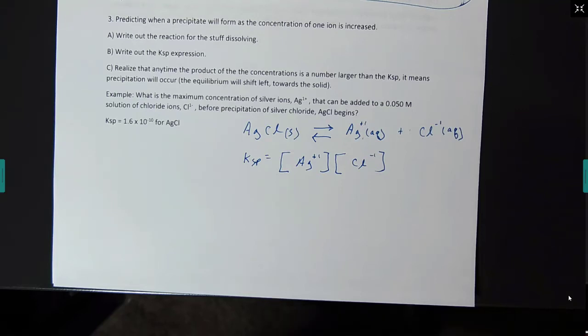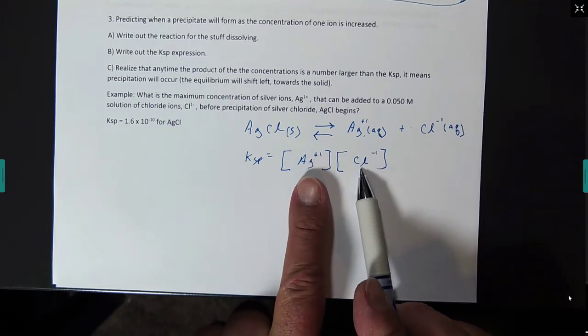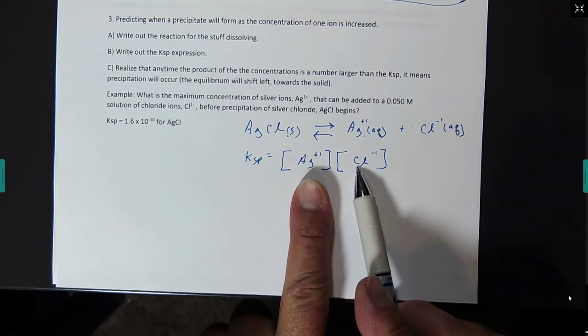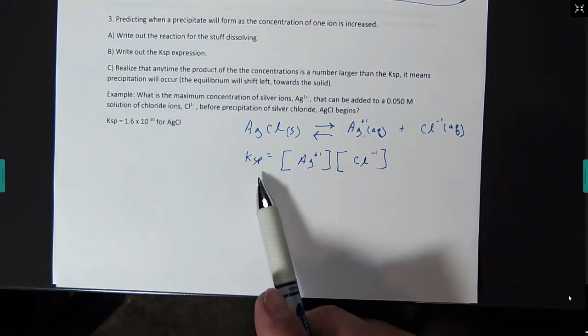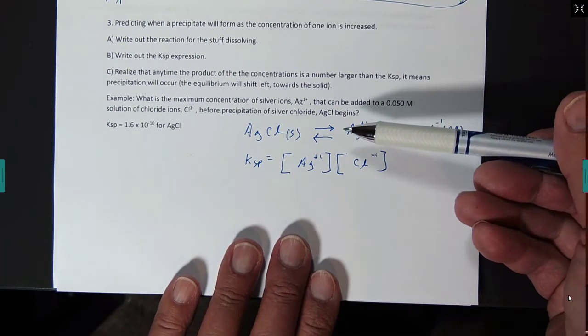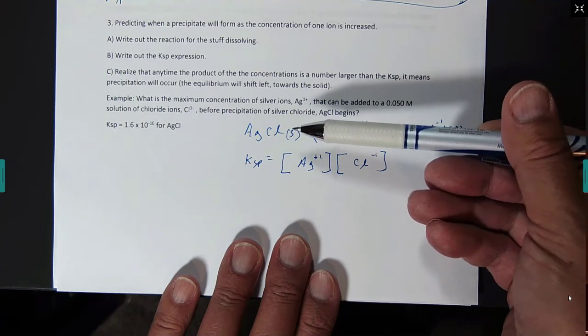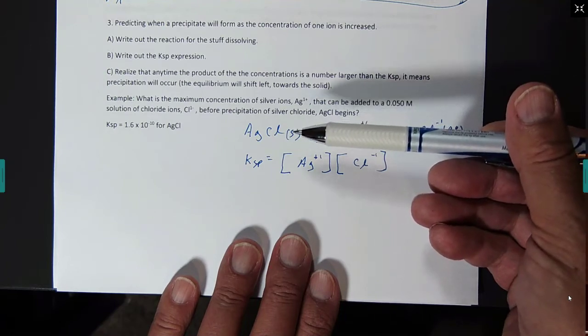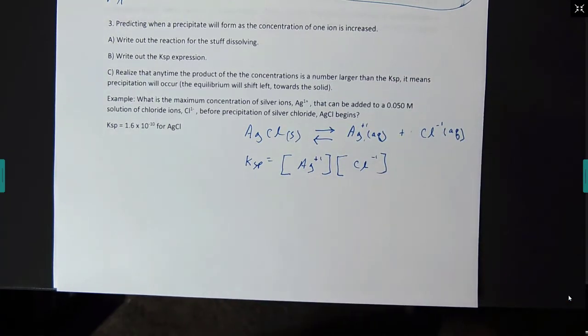So if multiplying these two numbers together gives you a number bigger than this, that means the equilibrium is shifting to the left. That means you're going to start getting a precipitate.